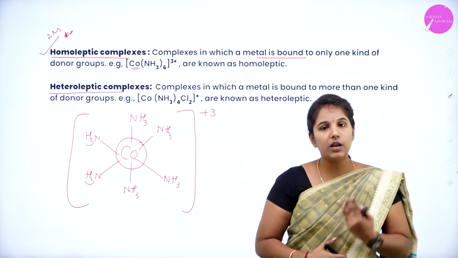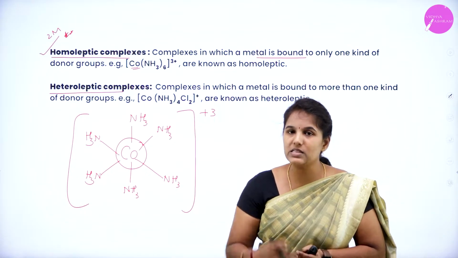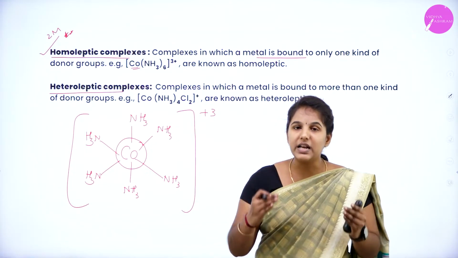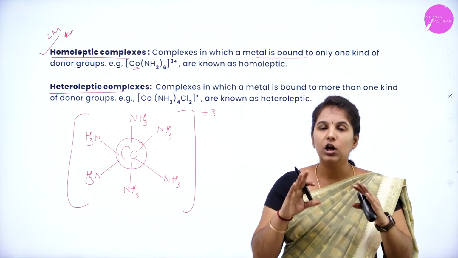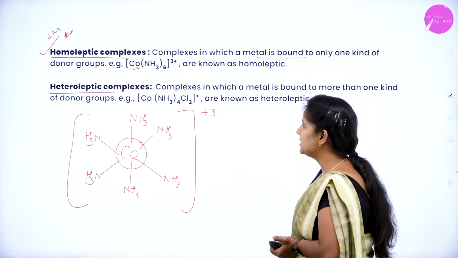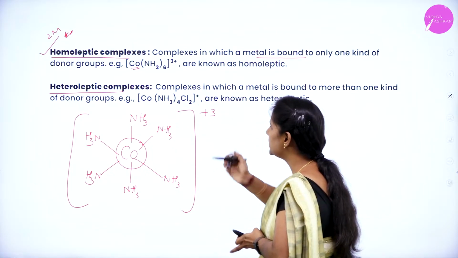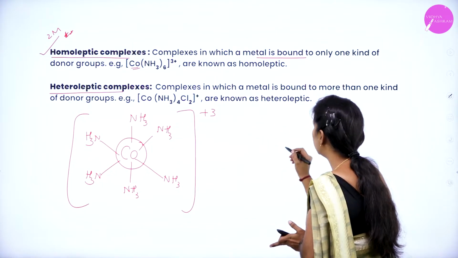We have one more complex known as heteroleptic complexes. In this, we can easily understand that the central metal atom is bonded by more than one type of ligand. You can take the example of Co(NH3)4Cl2. I can write the structure here.